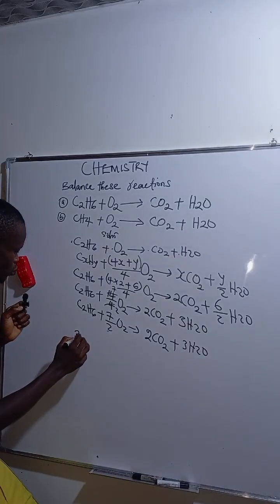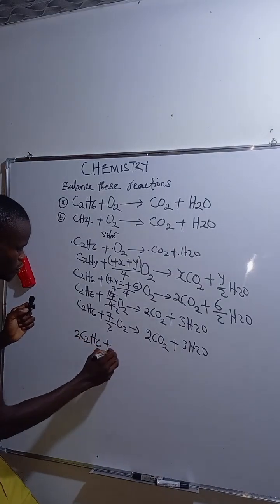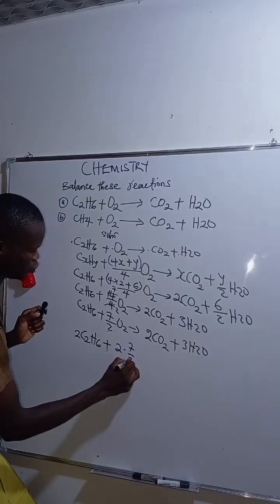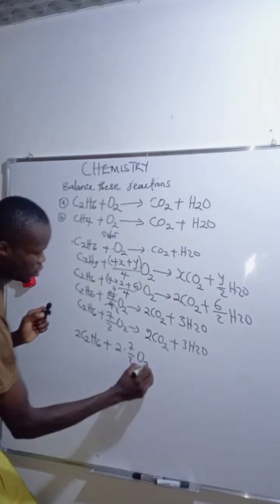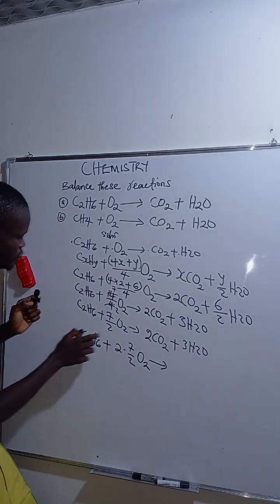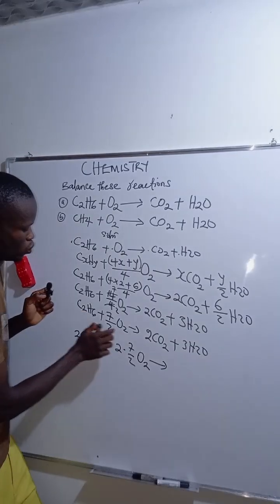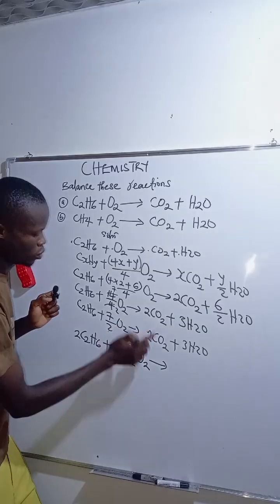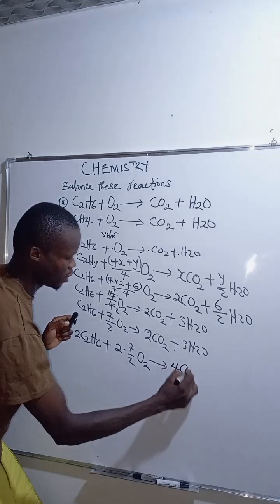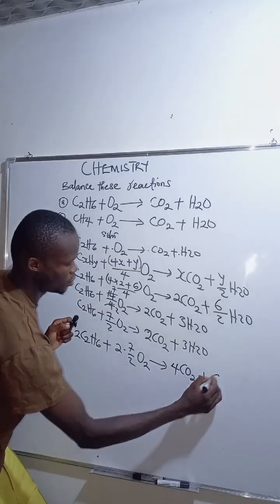So you see 2 C2H6 plus, if you multiply 7 over 2 by 2, 2 times 2 should be able to give you what? 4 carbon dioxide plus 2 times 3 is what? 6 water.